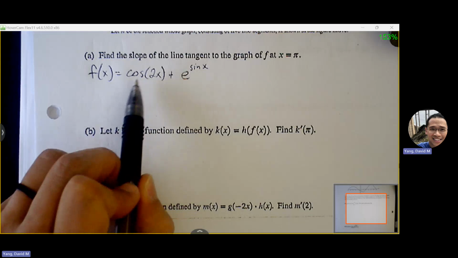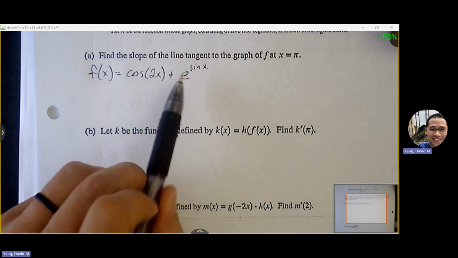Okay, so think about what's the derivative for cosine of u, and think about what's the derivative for e to the u.